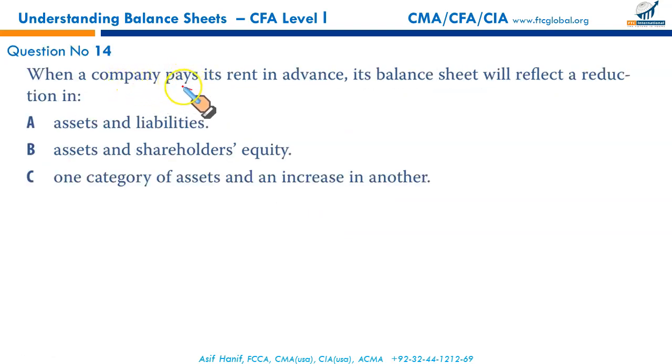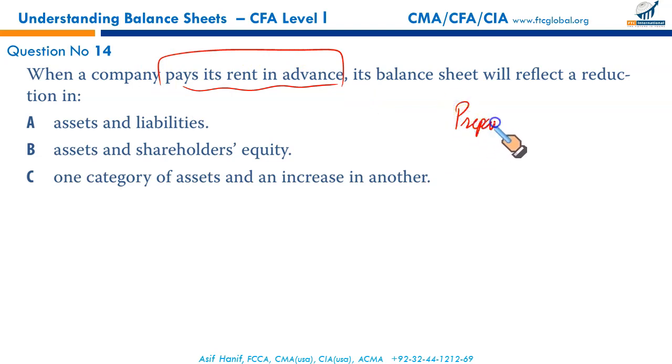When a company pays its rent in advance, what entry do you make? You debit prepaid rent. I hope everyone has gone through the basic accounting. Prepaid rent, debit, and bank credit. Prepaid rent is reported as other assets on your balance sheet within the current assets. So prepaid rent is an asset and it's increasing.